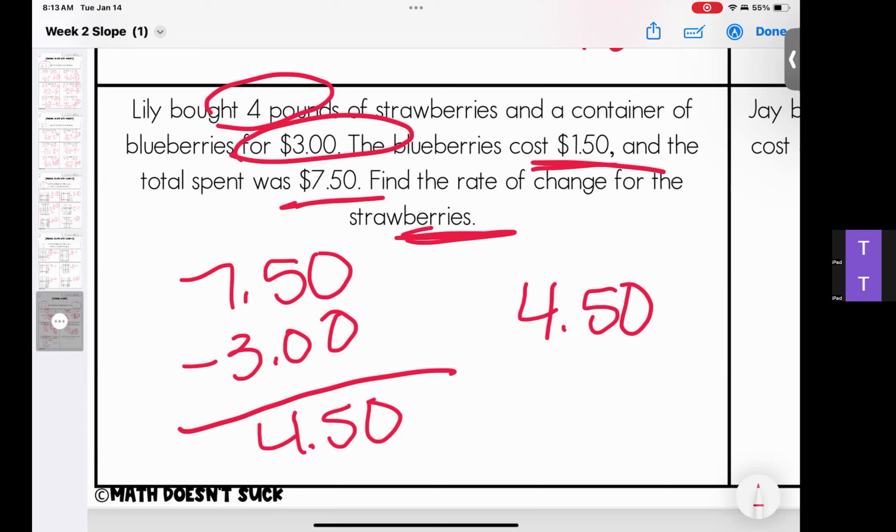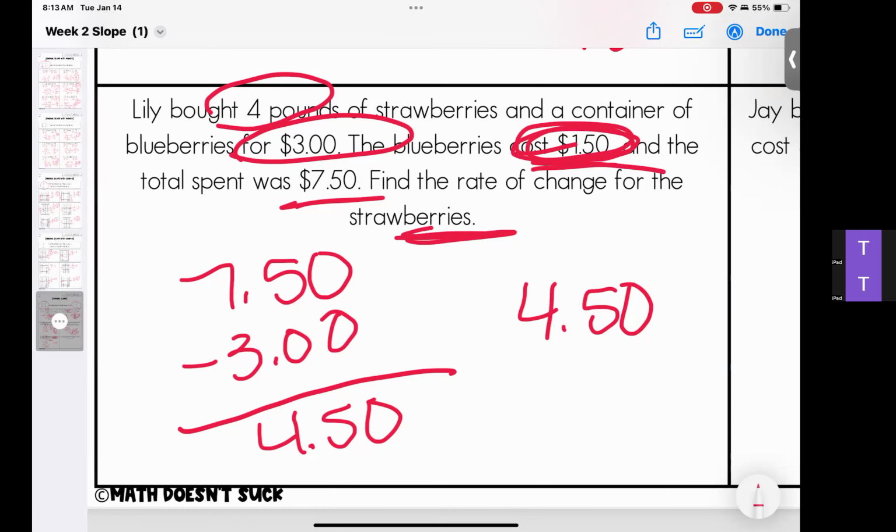Oh, wait a minute. $7.50. Container of blueberries. Wait a minute. All right, I'm going to have to change this because we have two different amounts. Lily bought 4 pounds of strawberries and a container of blueberries for $3. Blueberries cost $1.50. All right. I'll solve it both ways in case you did. I'm going to have to fix that next time. I don't know what I was thinking.